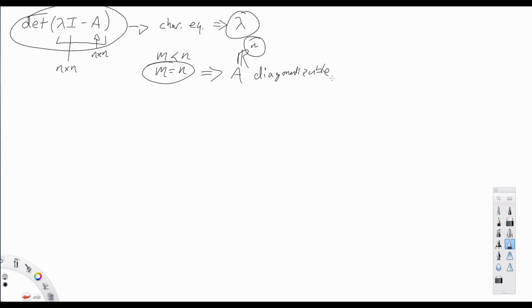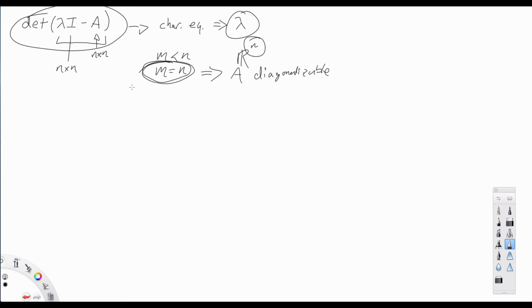If we are able to diagonalize a matrix, then that means that we have these m equals n distinct eigenvalues, and also that the eigenvectors form a new coordinate system for us, and that's going to be an eigenbasis.